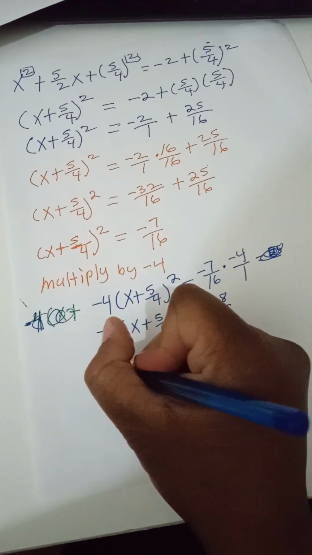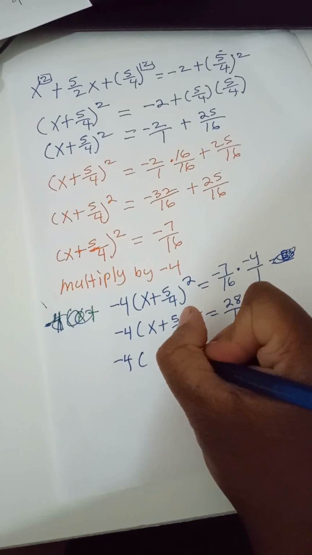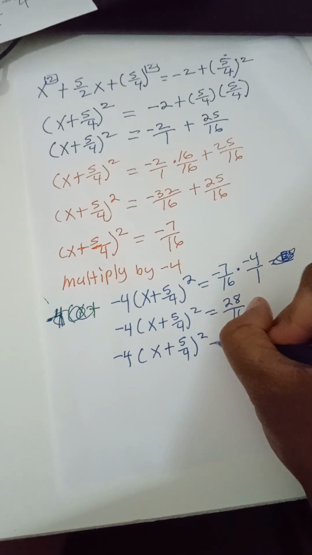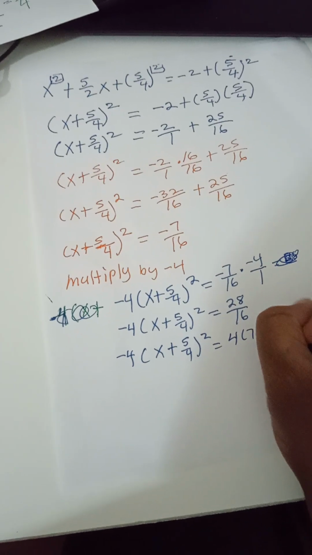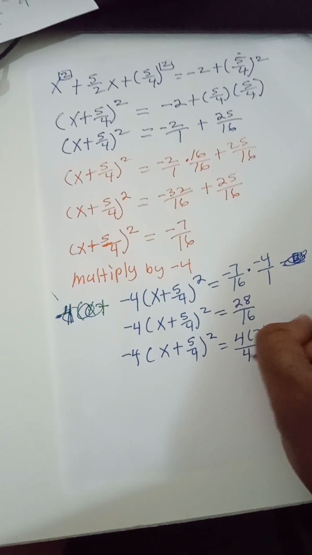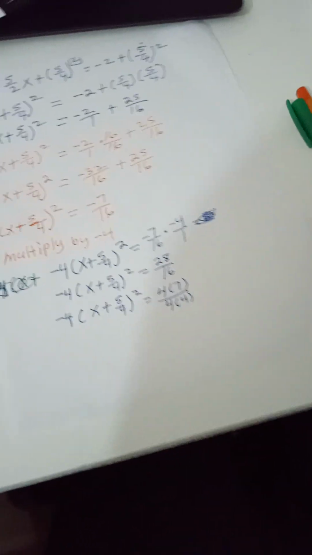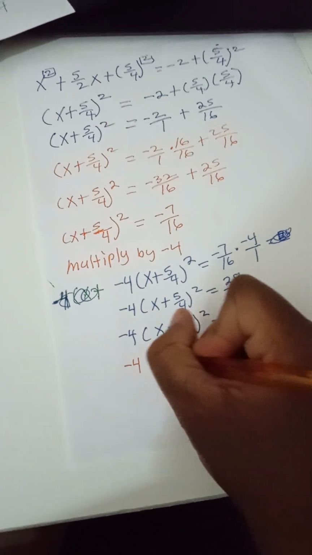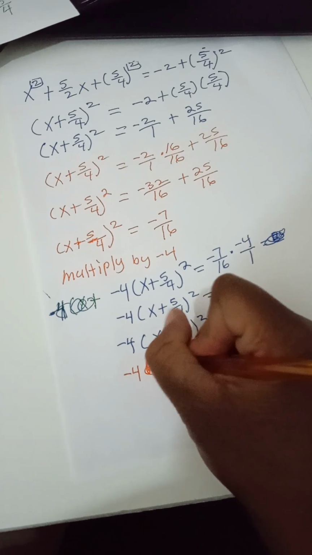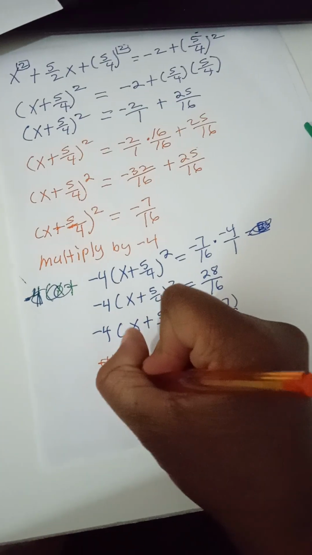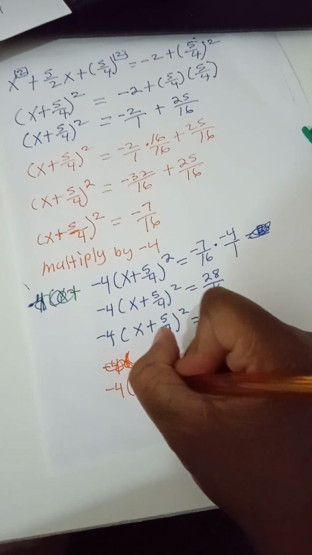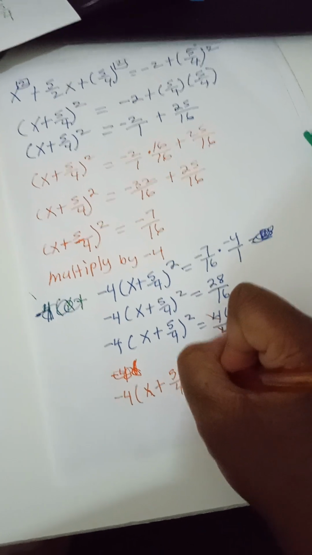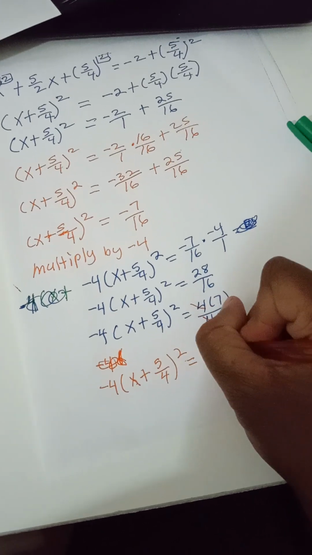Now we can factor, so -4 times x plus 5/4 squared is equal to 4 times 7/4 times 4. And the 4's will cancel out here and there. So it's going to become -4 times x plus 5/4 squared is equal to 7/4.